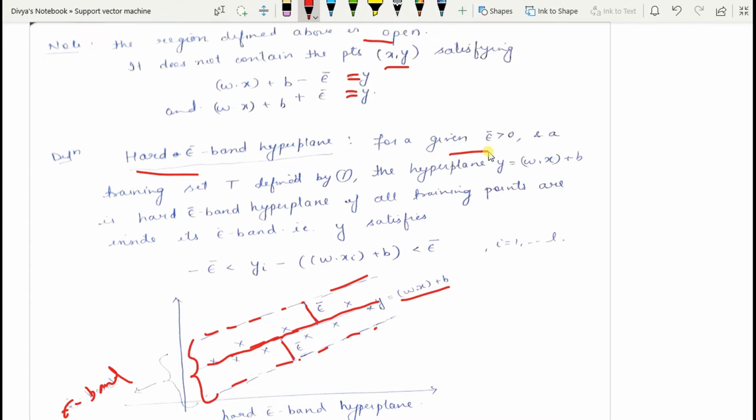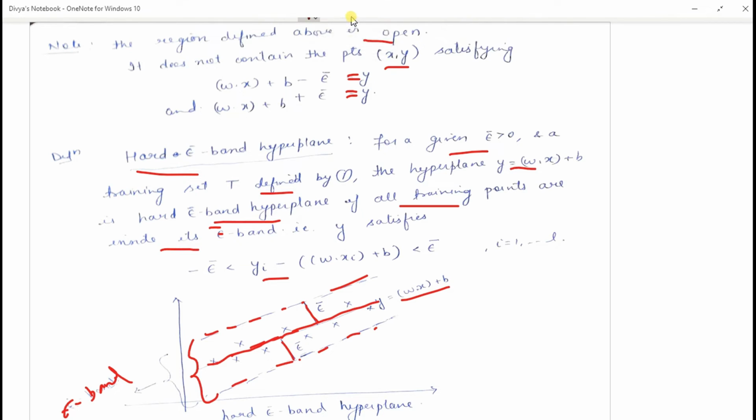What we mean by hard epsilon band hyperplane is this: for a given epsilon greater than 0 and a training set T defined by 1, the hyperplane y equals w dot x plus b is a hard epsilon band hyperplane if all the training points are inside its epsilon band. That is, y satisfies this property.